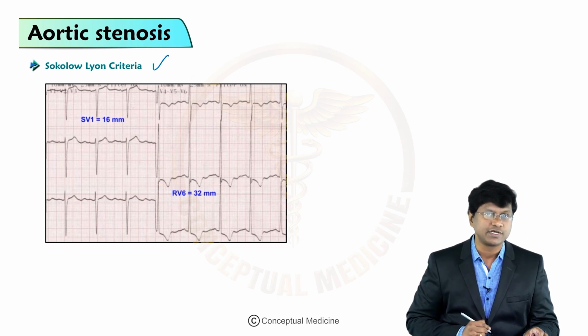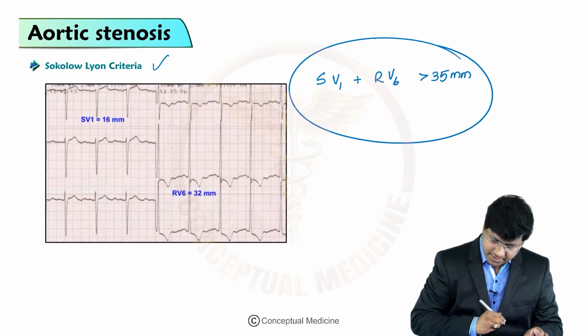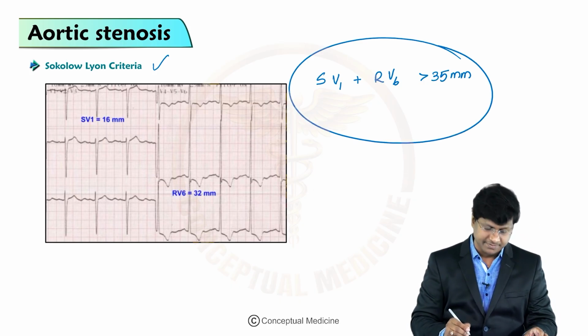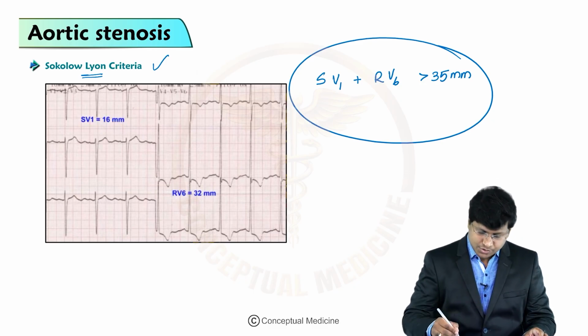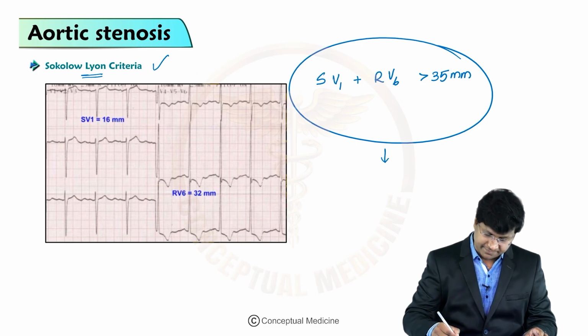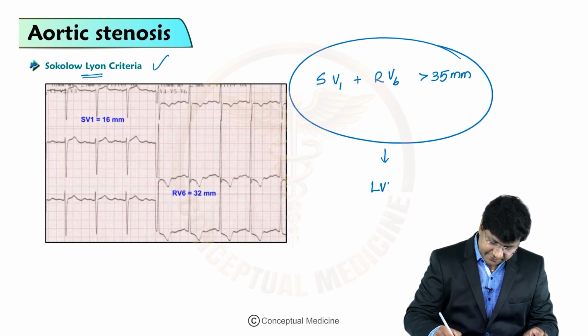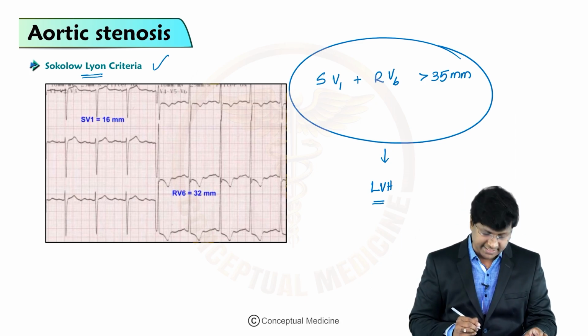According to the Sokolow-Lyon criteria, the depth of the S wave in V1 plus the height of the R wave in V6 should be more than 35 mm. If the amplitude is more than 35 mm, that is suggestive of left ventricular hypertrophy.